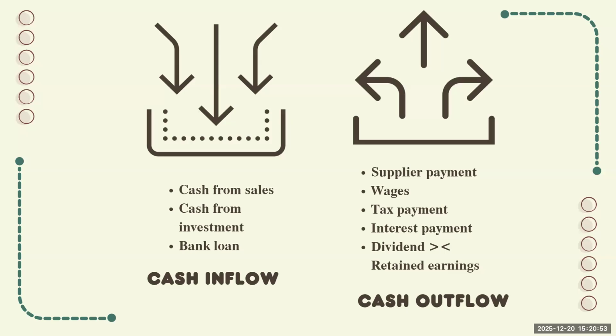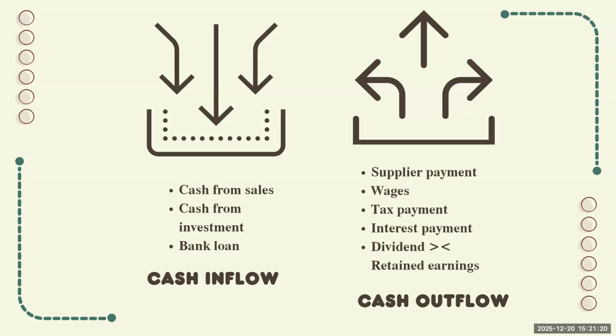Therefore, as procurement, you need to understand the cash flow and the impact of transactions with suppliers on the cash flow. You need to understand the inflow and outflow and how to maximize or optimize your cash flow. So we have basically two flows. First, we have the inflow. Inflow means the cash coming to your account.